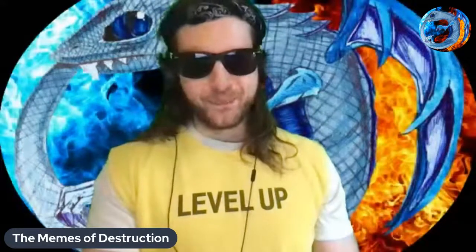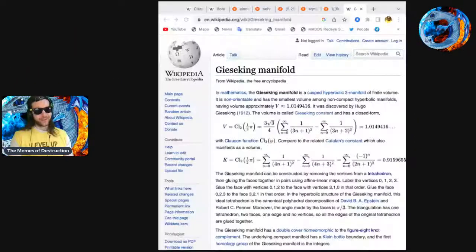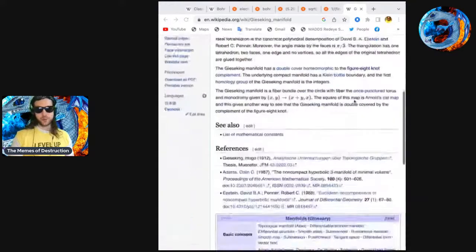Now, again, we go over to our friend here, the Gaussian manifold. In mathematics, the Gaussian manifold is a cusped hyperbolic 3-manifold of finite volume. It's non-orientable and has the smallest volume among non-compact hyperbolic manifolds. Same volume approximately, blah, blah, blah. Yep, cool.